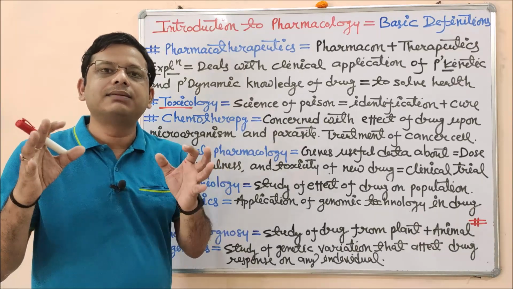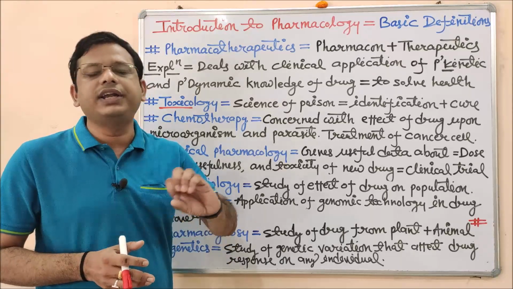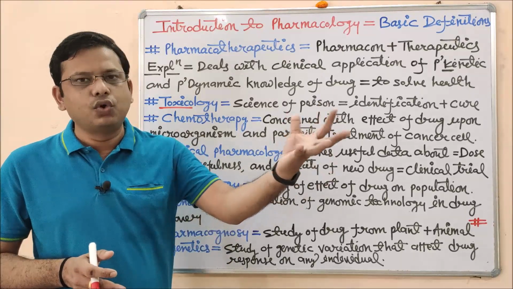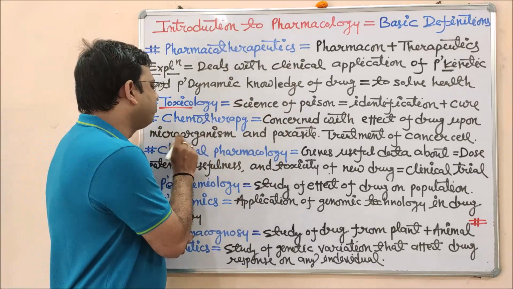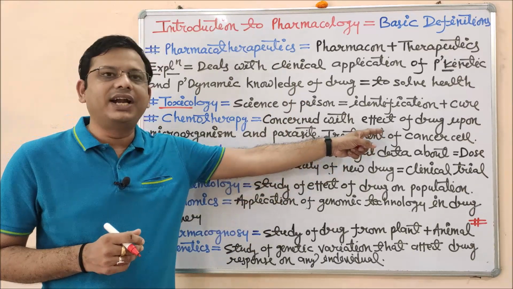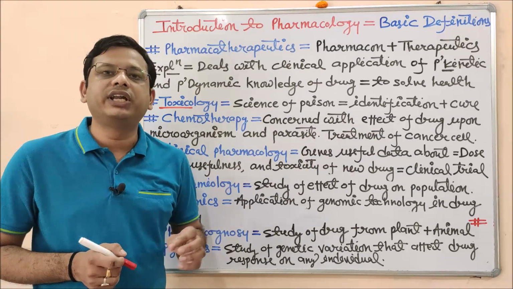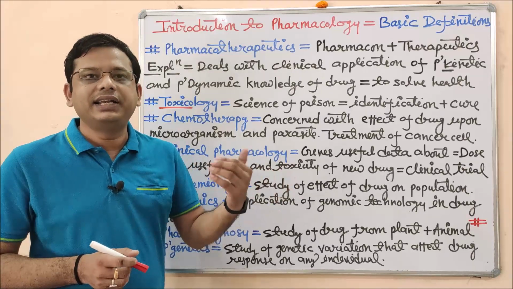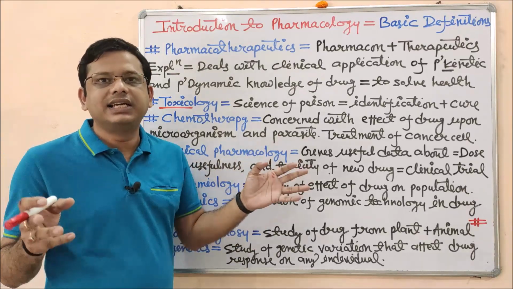In some cells the division becomes uncontrolled. Their growth is not in our control, they multiply many times, and that is called a cancer cell. To stop this kind of microorganism and cancerous cell, we use chemotherapy, and chemotherapy uses chemotherapeutic agents like alkylating agents, and antibiotics like penicillin, ampicillin, cephalosporin, etc.